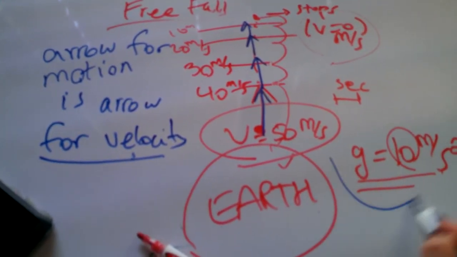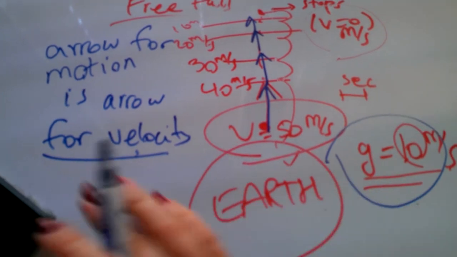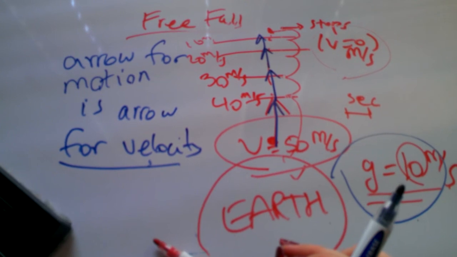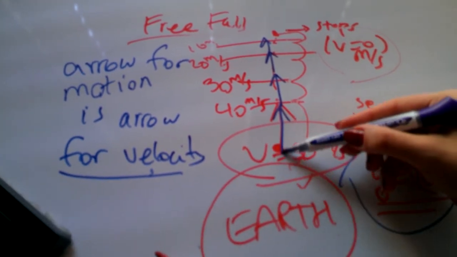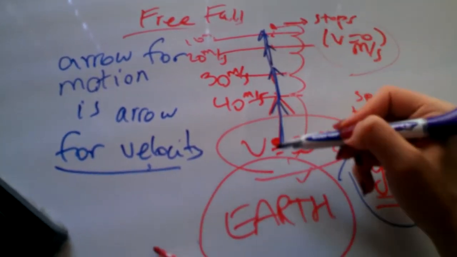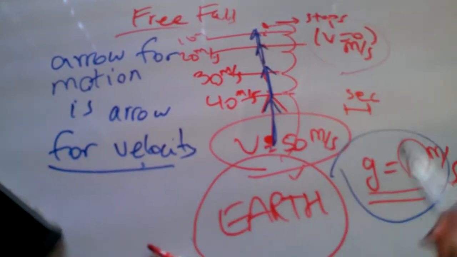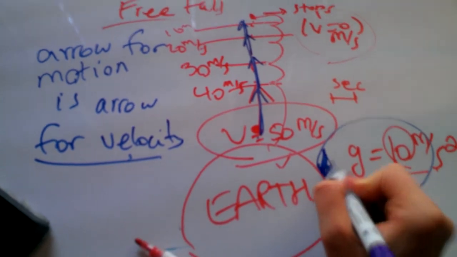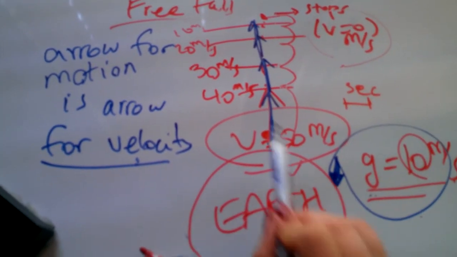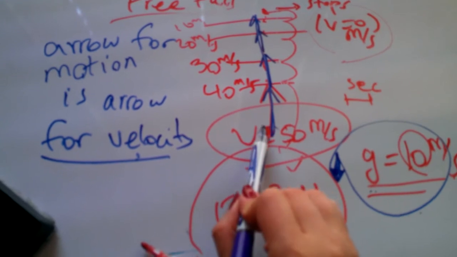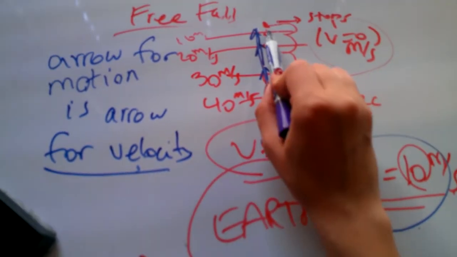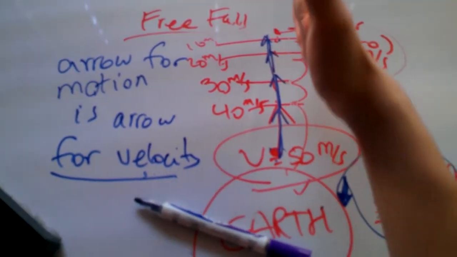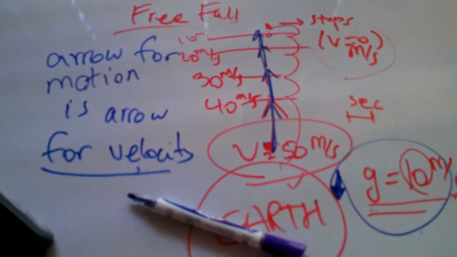The arrow for acceleration, though, doesn't have anything to do with the motion of the object per se. Throughout all this upward motion of the ball, when I throw it up, I always have acceleration downwards. And that's why, because of this opposite direction of velocity and acceleration, it stops at some point, because although it was moving up, this guy was pulling it down.